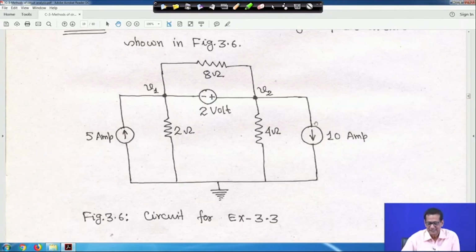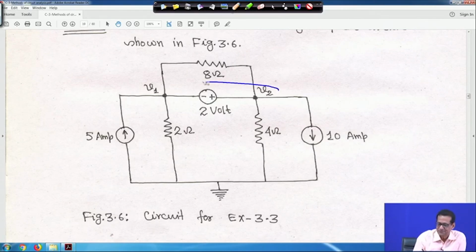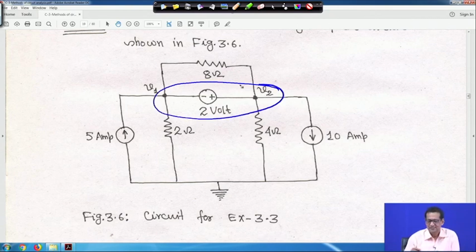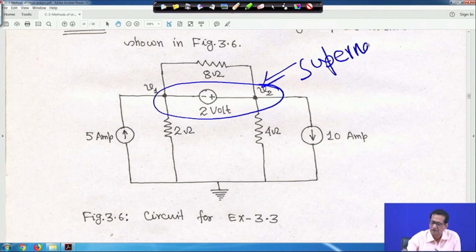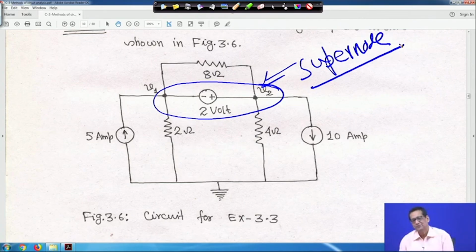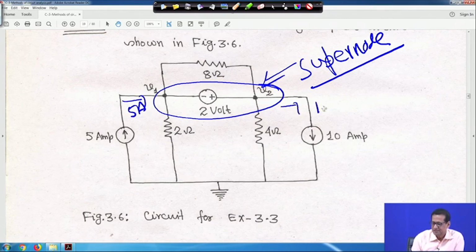This is the supernode, because one voltage source is there in between two non-reference nodes. The 5 ampere current is entering the supernode, and the 10 ampere current is leaving the supernode. Also a current I1 leaves at node 1, and I2 is the current at node 2.